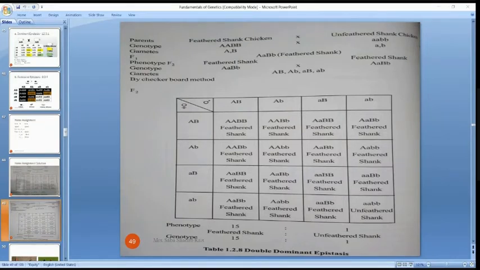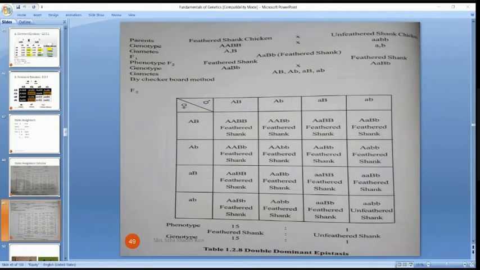Now here capital A and capital B are both present. But in the second row, you will observe only capital A, and small b is present. In this case capital B is absent, here also capital B is absent.